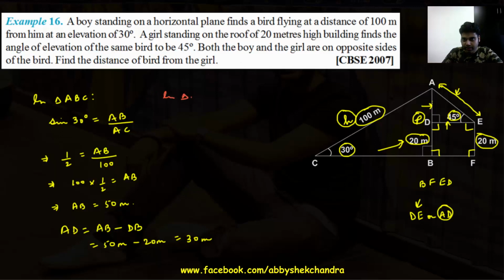So in triangle ADE, now AD is what? With respect to this 45 degrees, AD is the perpendicular, AE is the hypotenuse. We are again going to use sine theta.